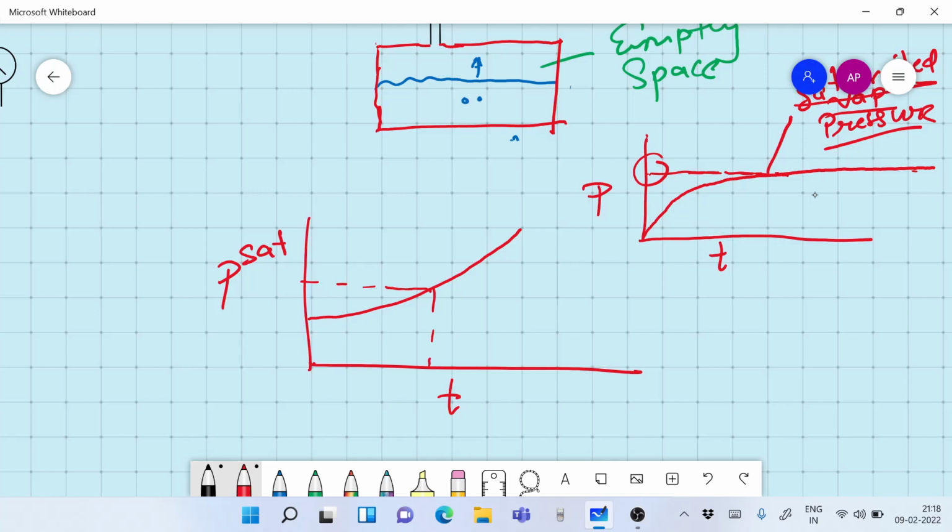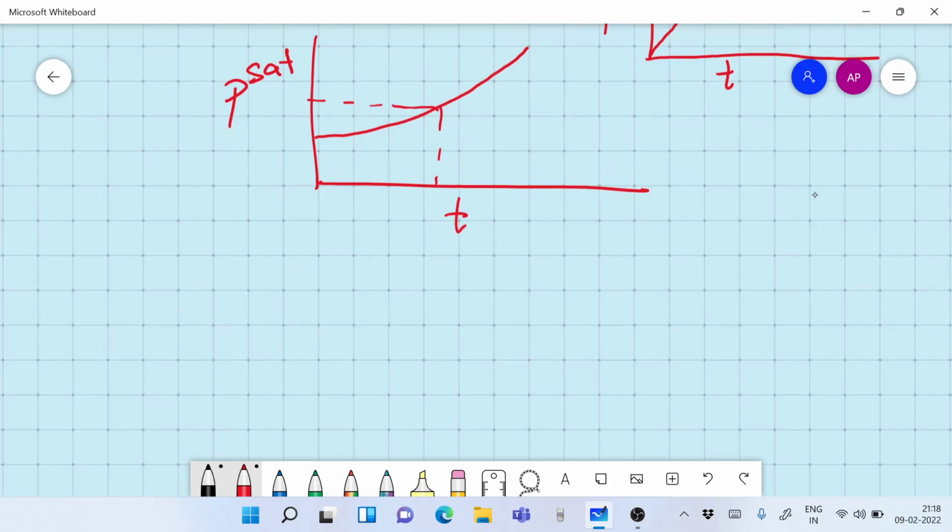But watch out, it's not a straight line. So the rate of increase of vapor pressure at different temperatures is different. The rate of increase of vapor pressure at lower temperatures is different from the rate of increase at higher temperatures. One cannot, in all folly, take the same rate and make a conclusion.